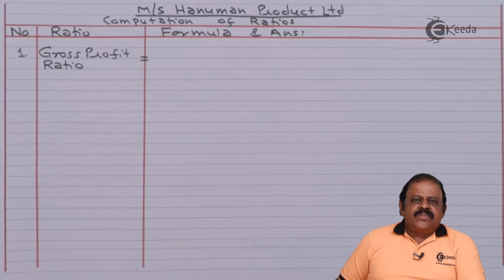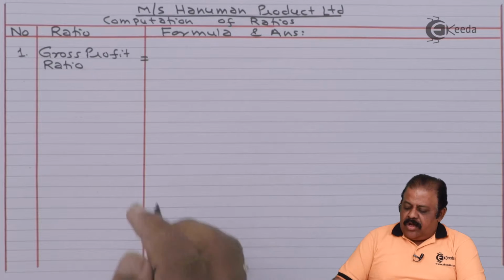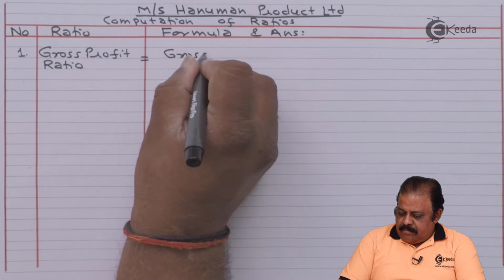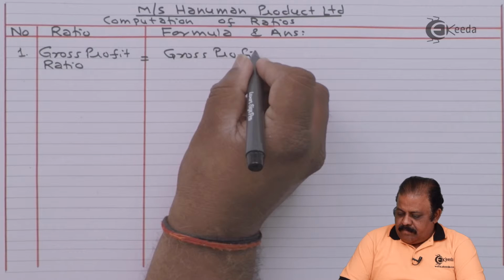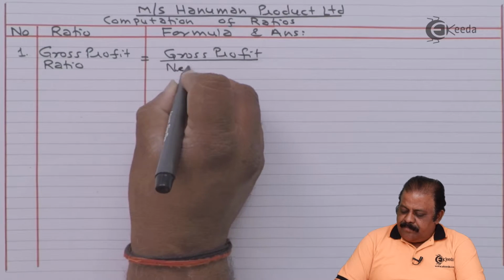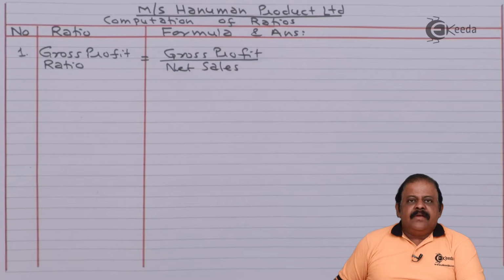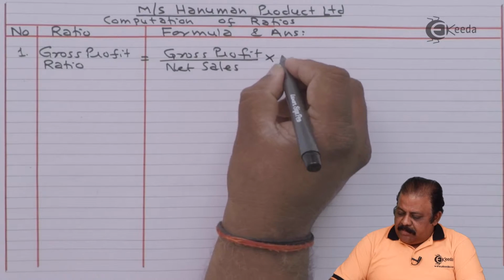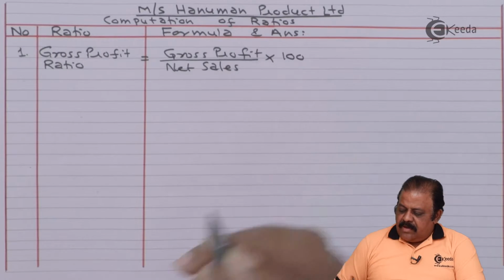For gross profit ratio, we need a formula: gross profit divided by net sales multiplied by 100.